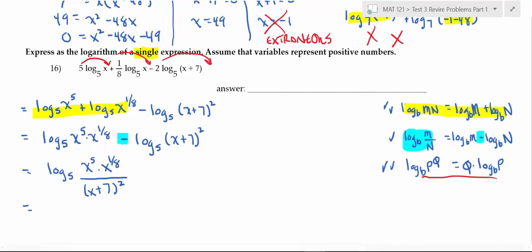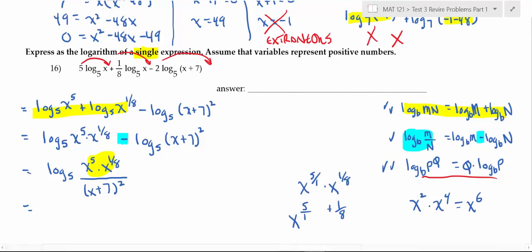The only thing we really need to do is a little algebra. I do want you to do algebraic simplifications. This is really the property where we add exponents. If you had x to the 2nd times x to the 4th, you know that you add the exponents. You do the same thing here. So you're just going to do x to the 5 over 1 plus 1/8.